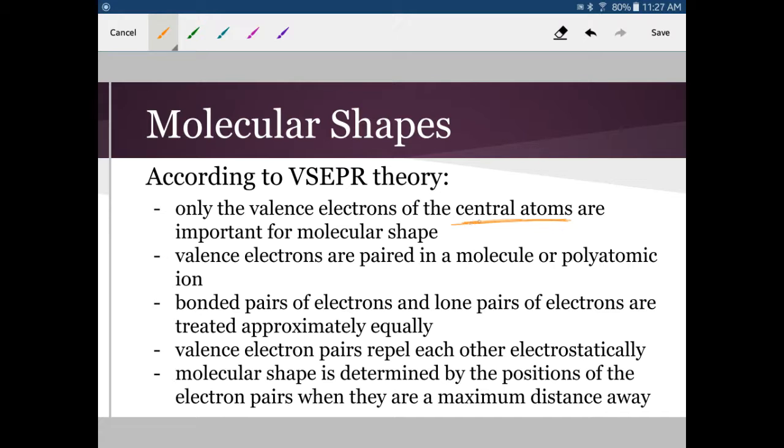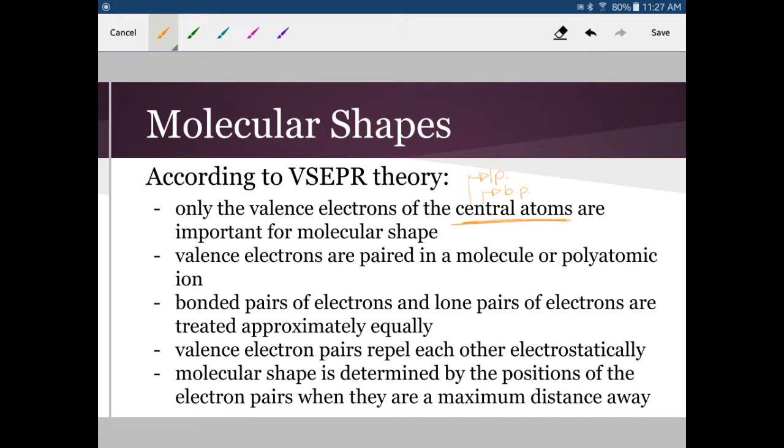We only really look at those electron pairs, so either our lone pairs, which I'm going to abbreviate as LP, or our bonding pairs, which I'm going to abbreviate as BP. Those are the only electrons around that central atom that really play a part in the shape of the molecule.